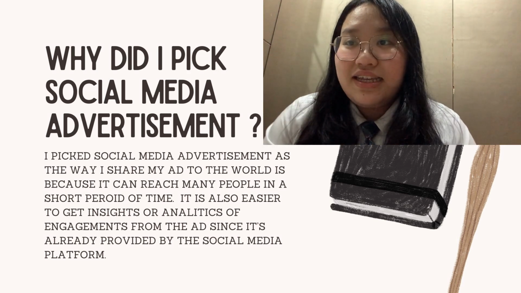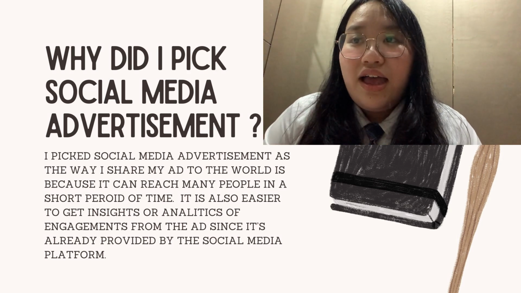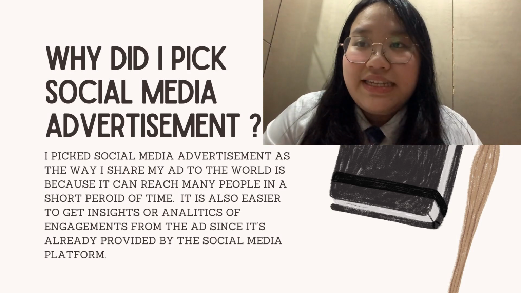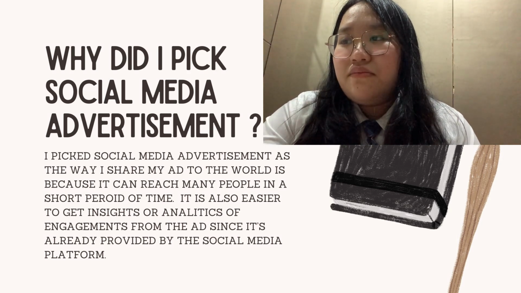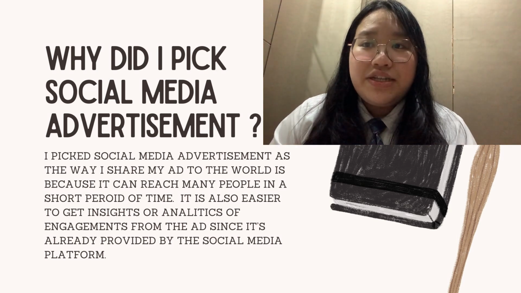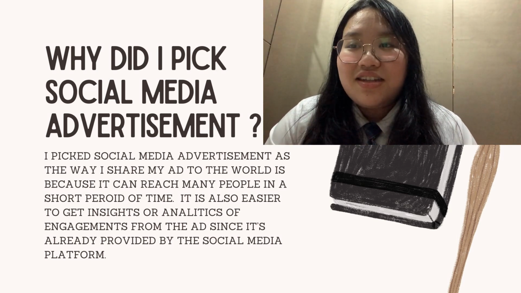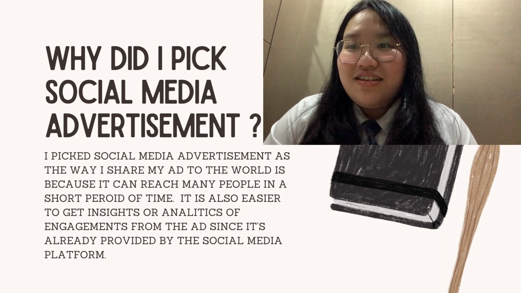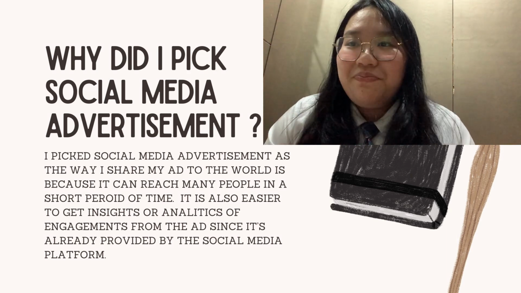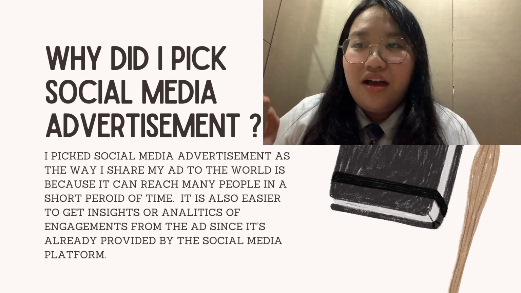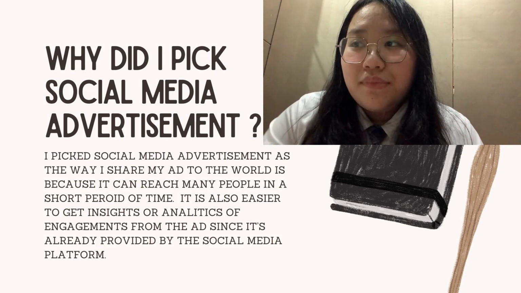Not just that, it's easier to collect the data and keep all the data in one place. And if I want to push the engagement of my ad, I can just pay social media to push my ad to more people.